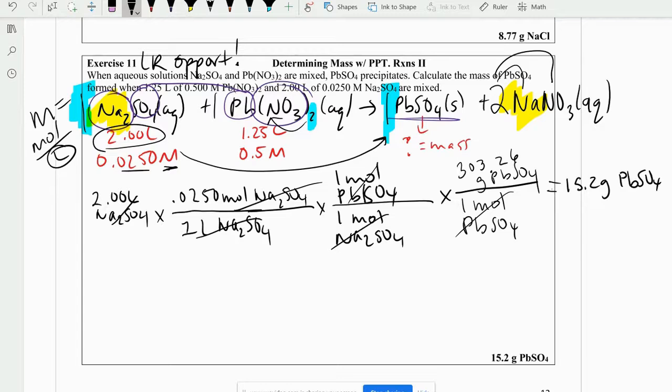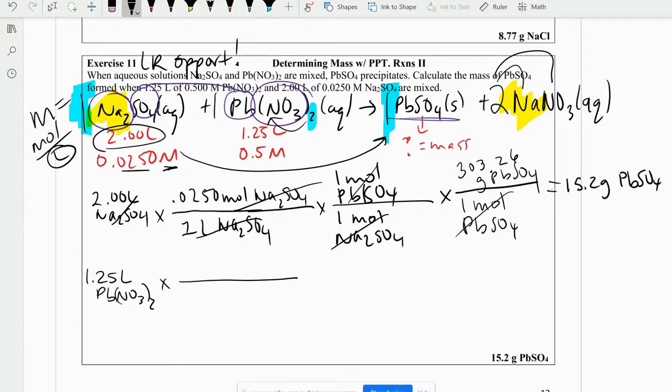reactant. Now we have to do the same thing, but for the other reactant, lead nitrate. Notice that you know that you have 1.25 liters of this lead nitrate. And you also were given molarity, so this is our opportunity to make a conversion.